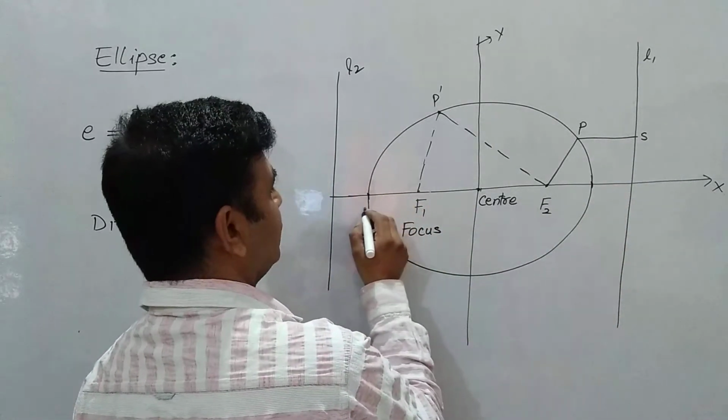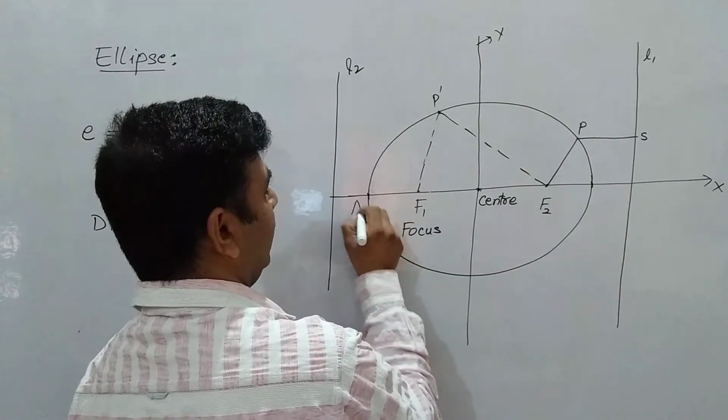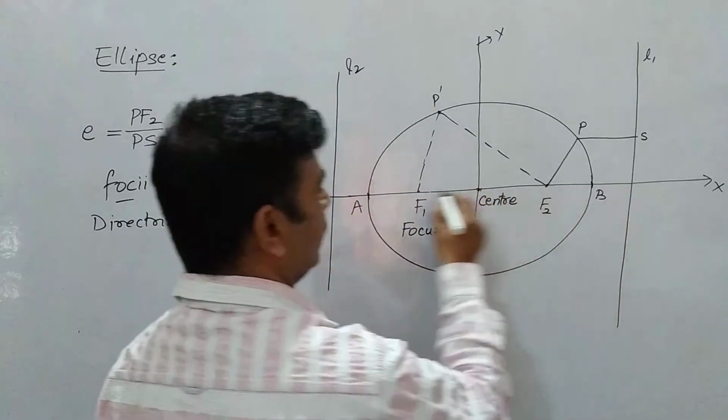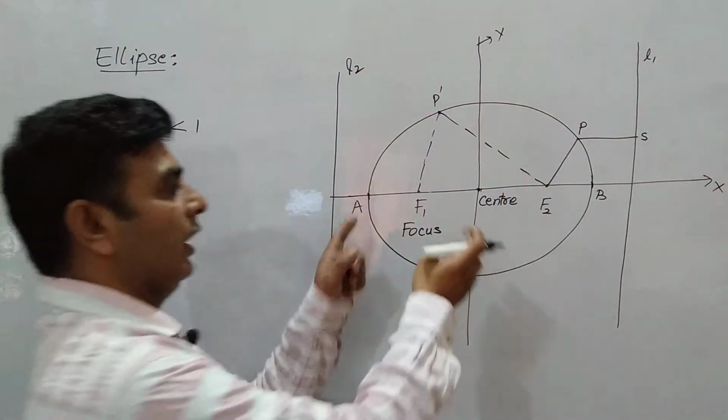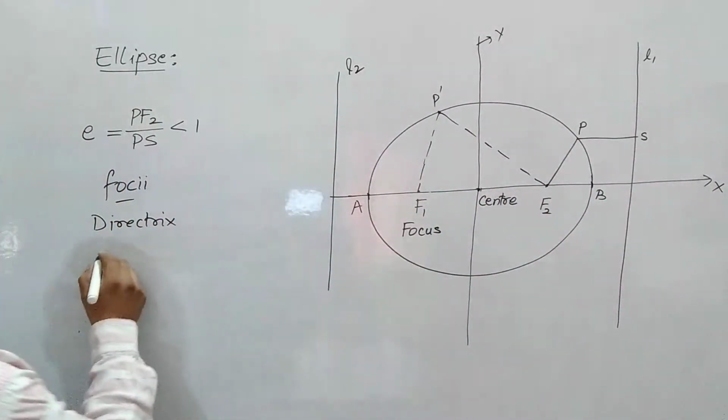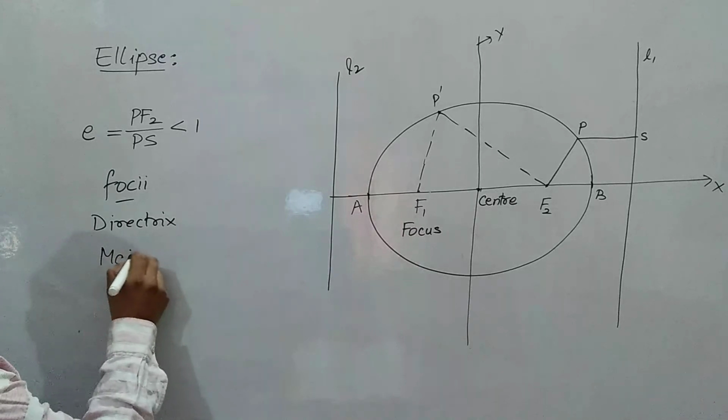From this point, let this be A and this be B, then this distance which is lying on the x-axis and passing through the fixed points is known as the major axis.